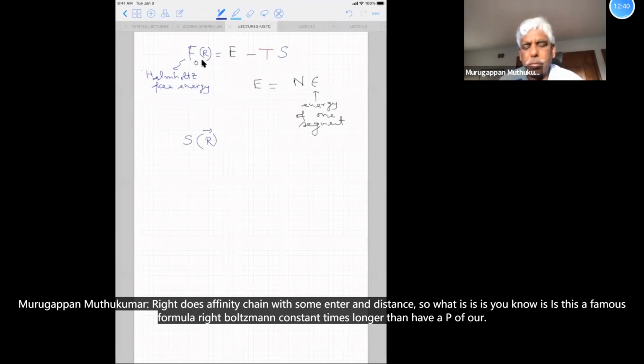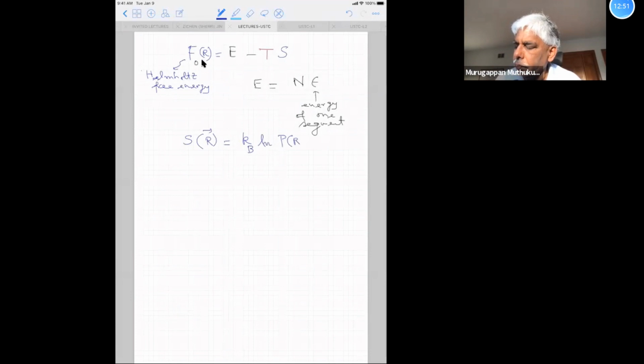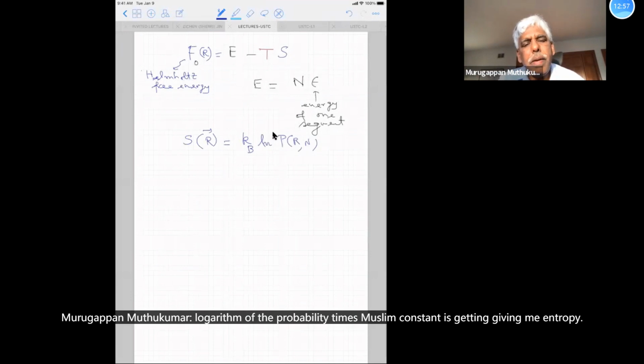So what is S? This is a famous formula, right? Boltzmann constant times logarithm of P of R, or N if you like, P of R, N. The logarithm of the probability times Boltzmann constant gives me entropy.